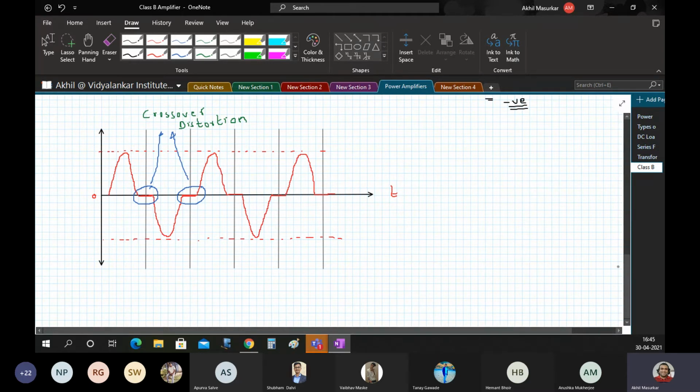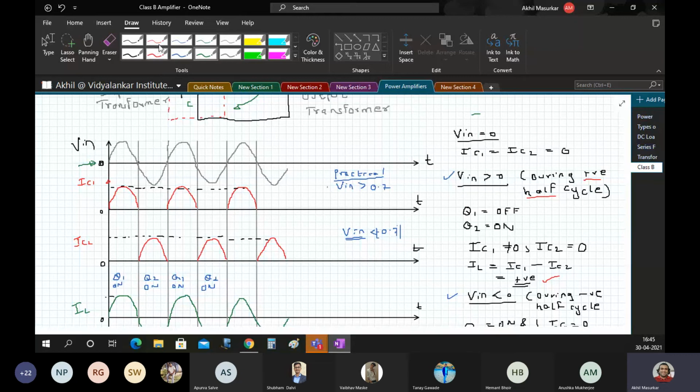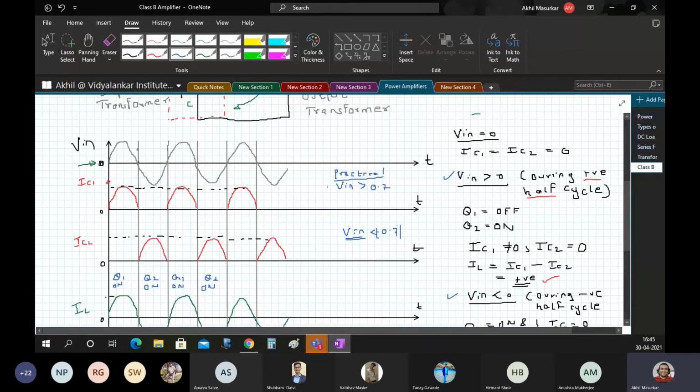Now why this happens is because if you look at the previous diagram, we assumed that the cutoff is at 0, but actually the cutoff is at 0.7, like this, and like this.